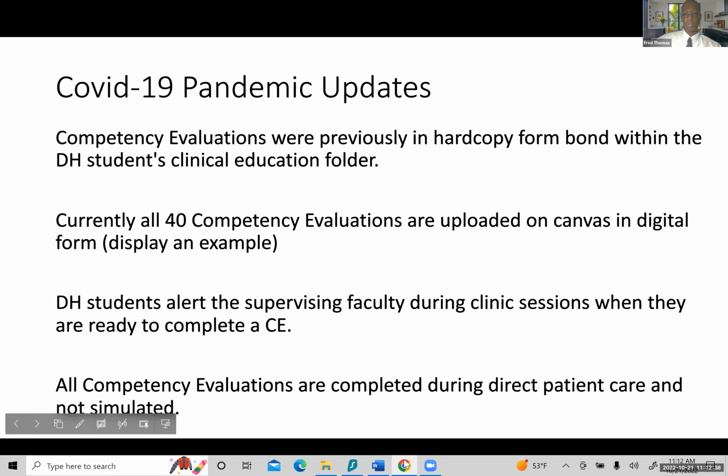I wanted to show my screen on what the digital competency would look like in the Canvas shell, but I can't get to that screen. But my predecessor, Mimi Myers, showed that last week, and it looks very, very similar. Any questions?